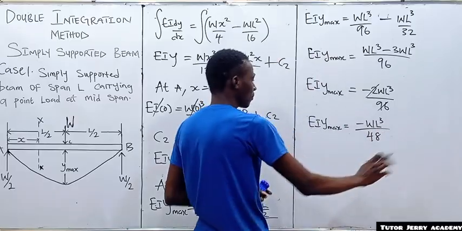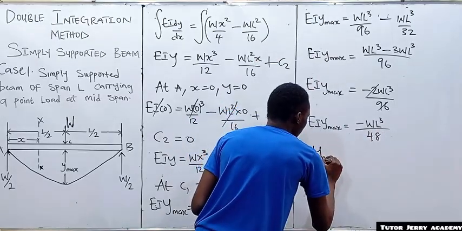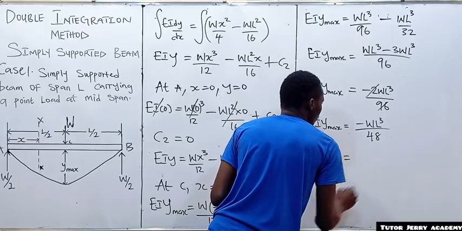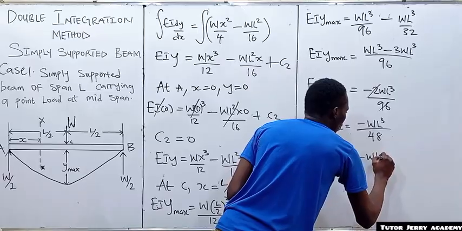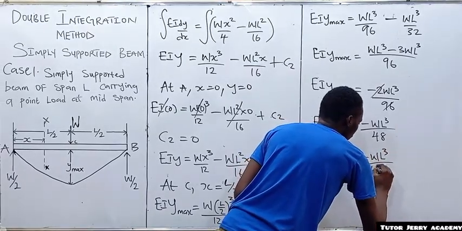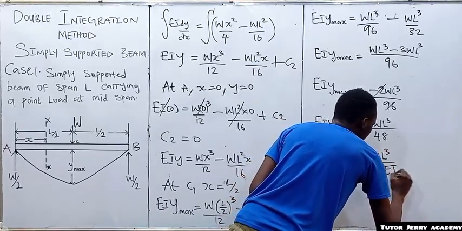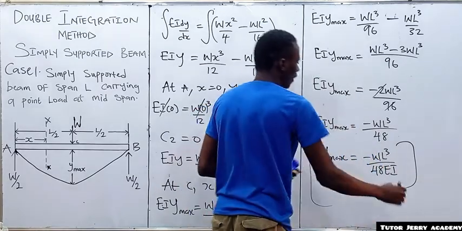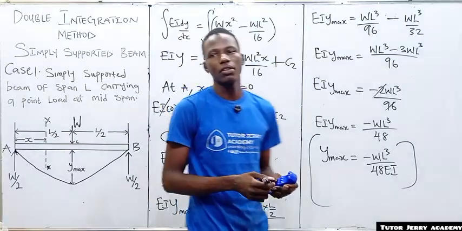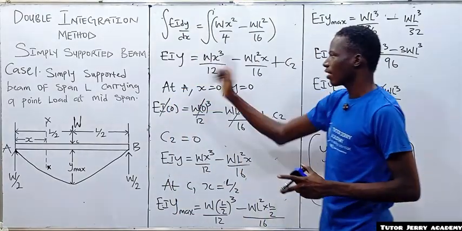If you divide both sides by EI, y max will be equal to minus W L to the power of 3 all over 48 EI. Now this is our maximum deflection for this case.